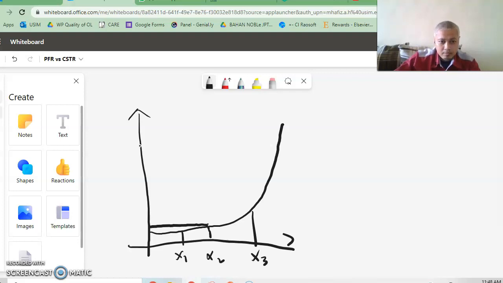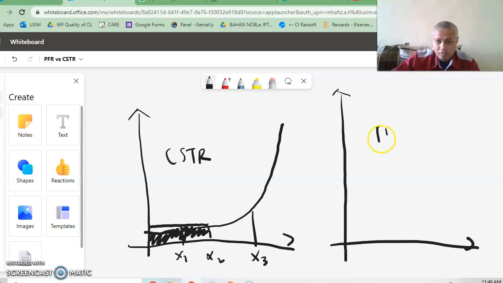But for two CSTRs in series, we will have this one plus this one. So it is smaller than if we have one CSTR. There will be a gap here, which represents the lower volume for CSTRs in series as compared to one CSTR.